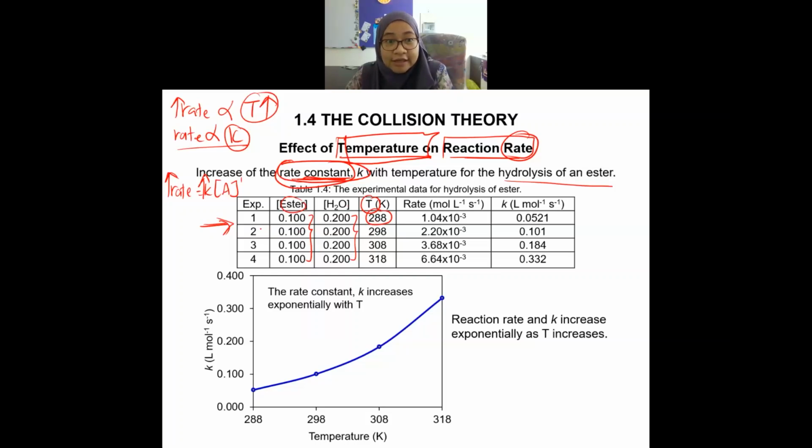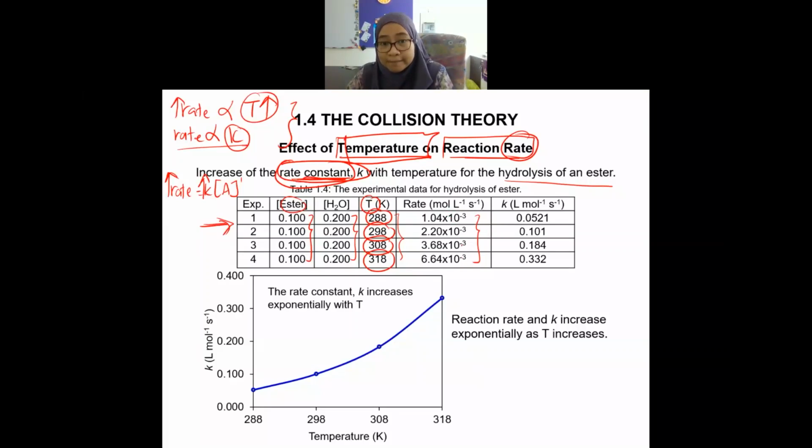Okay, experiment 1 is conducted at 288, experiment 2 at 298, experiment 3, 308, experiment 4, 318. And then we measure the rate. So as you can see, the rate increases as the temperature increases. This is our expectation, our prediction, right? And then we prove it by doing the experiment.